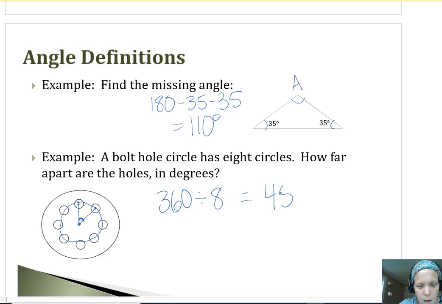Take 360 divided by 8 to get 45 degrees. Notice too how when I cut straight across and straight up, it does make a 90 degree angle, particularly because this is 8 holes. If it's 9, obviously it's going to be a little off. Different numbers of holes would be different, but in this case we end up with 90 degrees between two of them, cut that in half. Half of 90 is 45.